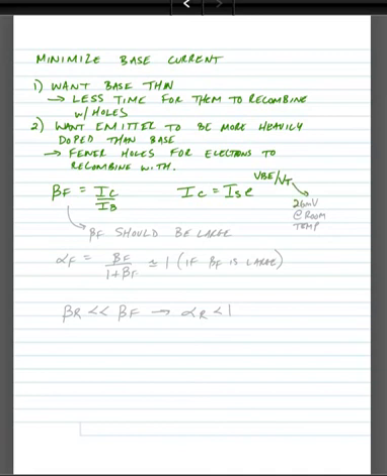The thermal voltage is, of course, 26 millivolts at room temperature. So for beta forward, we'd like to have a large collector current and a very small base current, which means we want beta forward to be large.